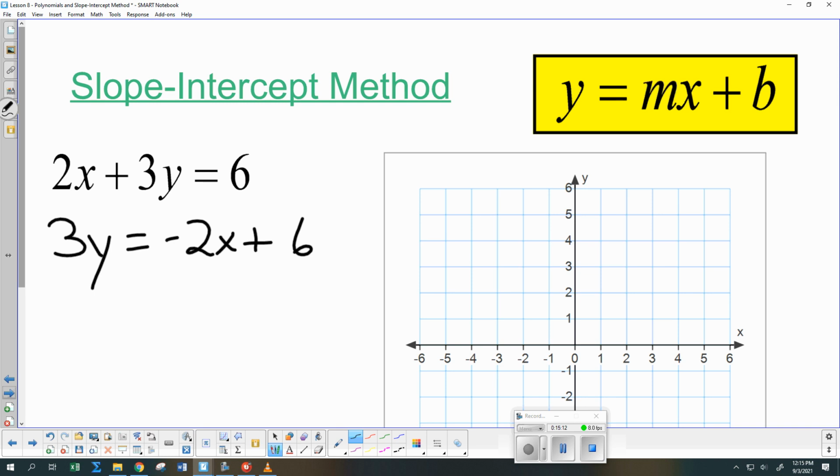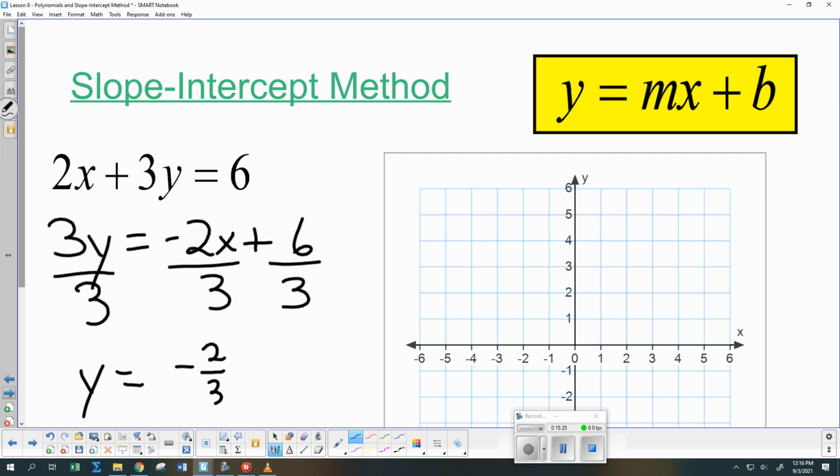Divide everything by 3, and then that means I have y equals, I'm going to do this term by term, so that I have minus 2/3 x plus 6 over 3 is 2. That means I know one point on my line. I know my y-intercept is 2.